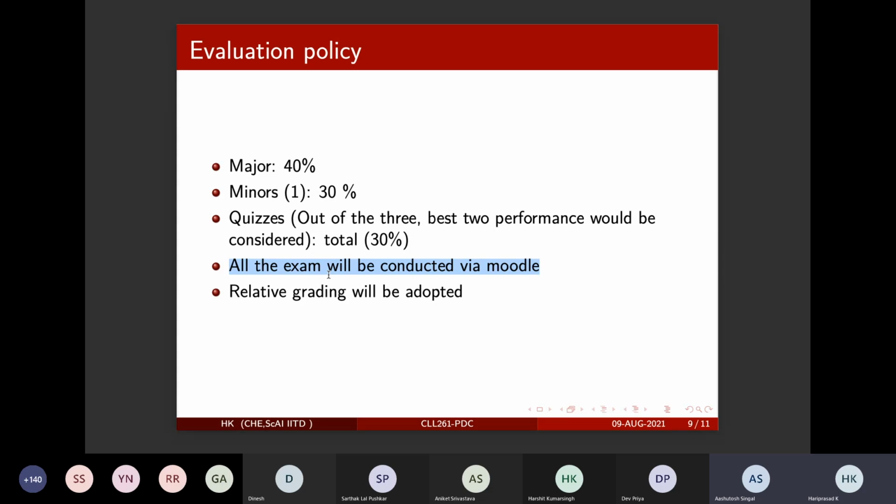Yes, sir. The pass marks in the audit would be placed at 30 for this course. I don't know if the audit policy is out yet, because this being a core course, the core course audit policy is not yet announced, right?